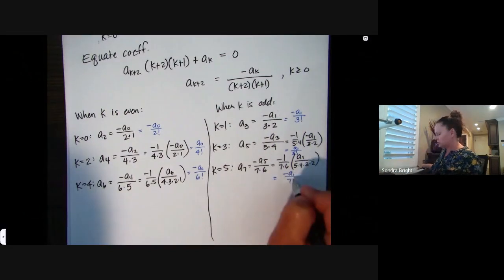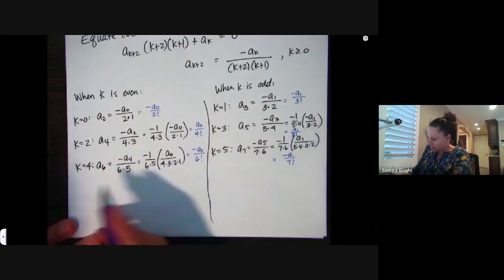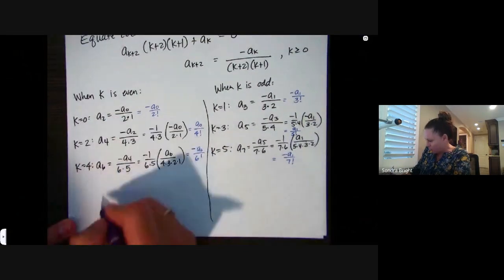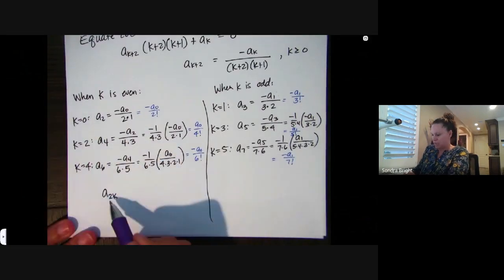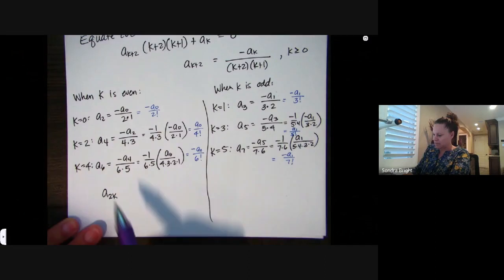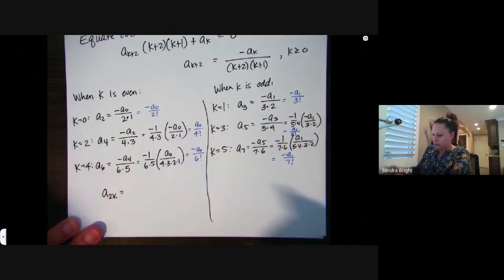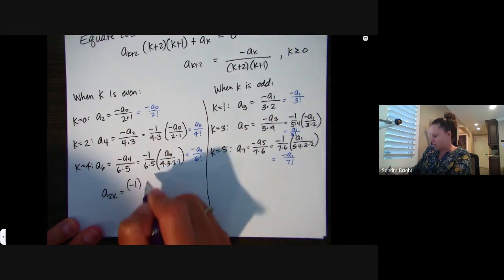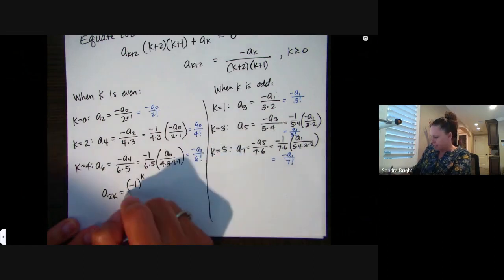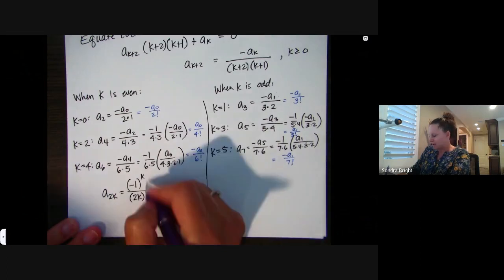All right, so do you see the pattern? Hopefully you do. Do you notice all of these guys are even? So when it's an even index, that's a 2k, so k equals 1, k equals 2, and k equals 3. Then you would have, they're alternating in sign, negative 1 to the kth power over the even factorials, times a naught.